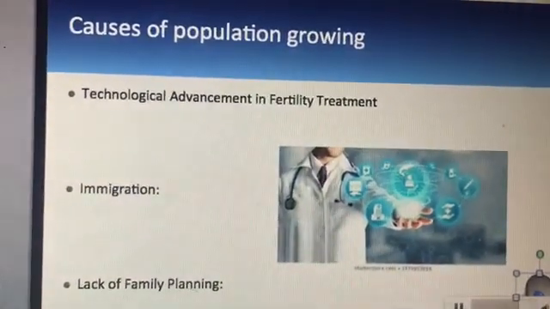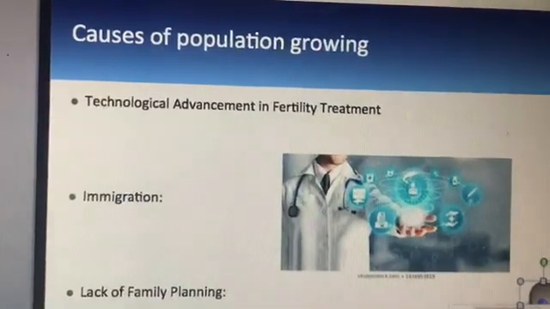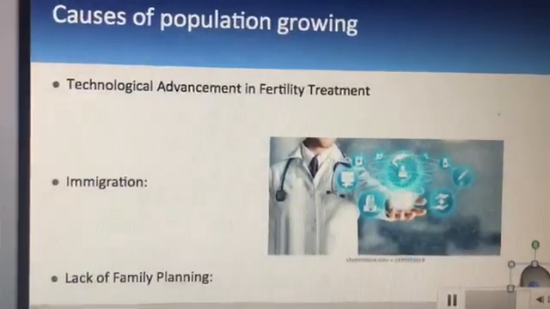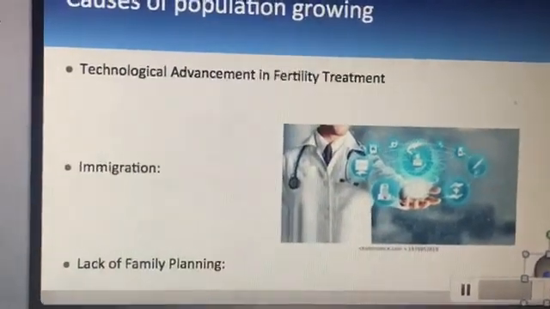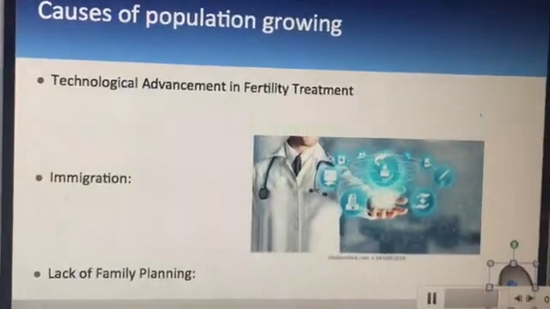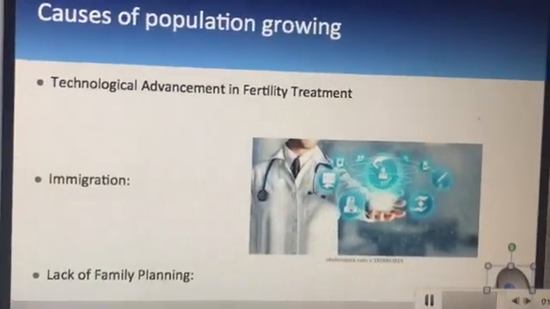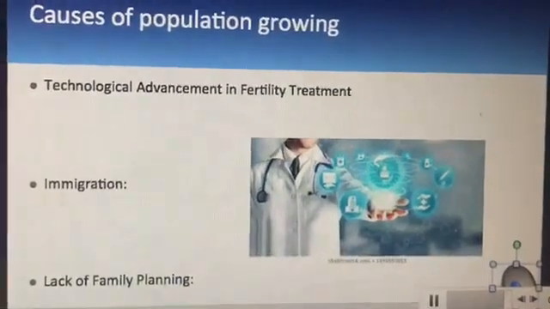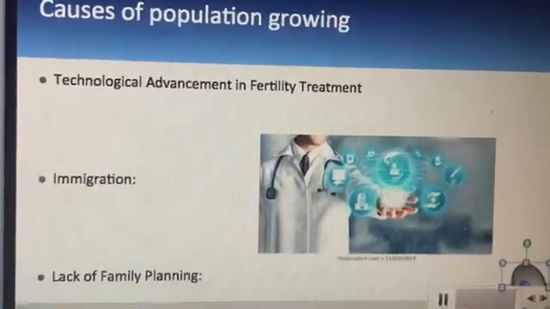It's very expensive to have a plan of parenting. All of these factors that you were analyzing before, the causes of population growth, are making this world just overcrowded.